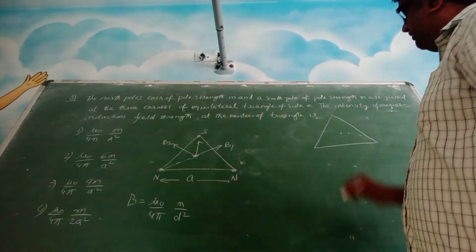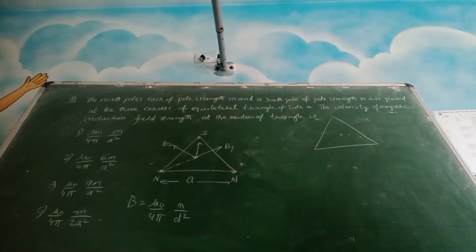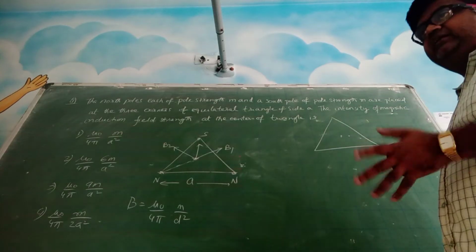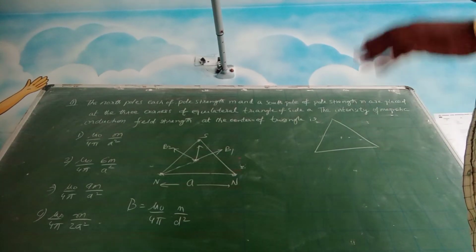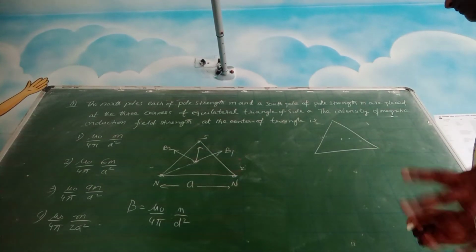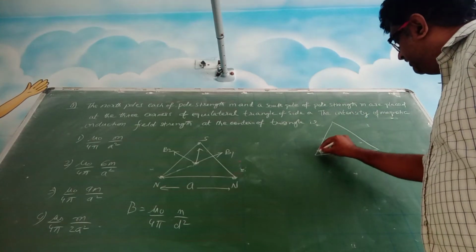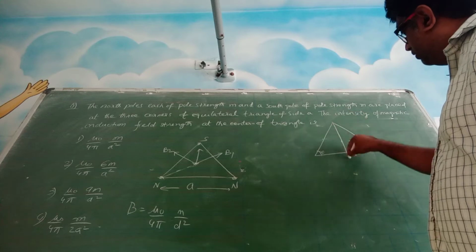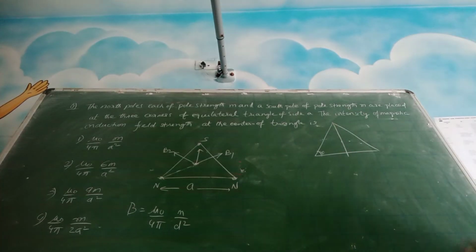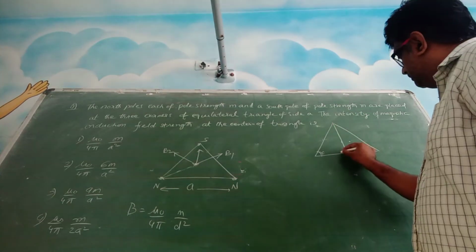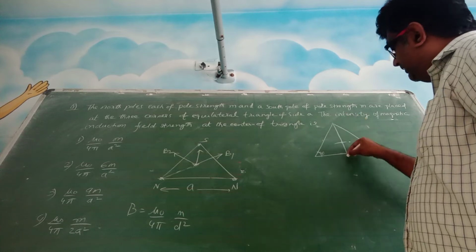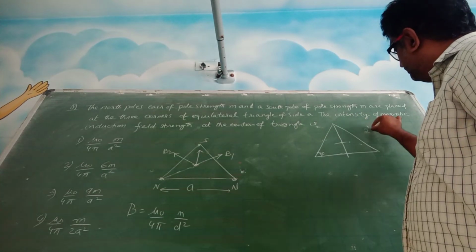See, an equilateral triangle is a triangle where the medians, angular bisectors and perpendicular bisectors all meet at the same point. So this is 60 degrees. You drop a perpendicular, so this will also act like a median. This breaks in the ratio of 2:1.